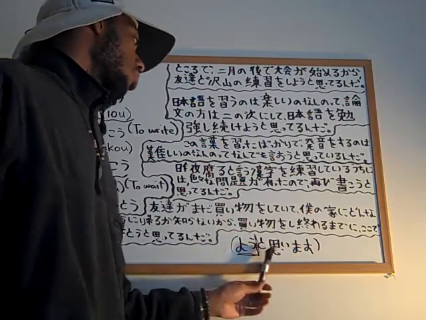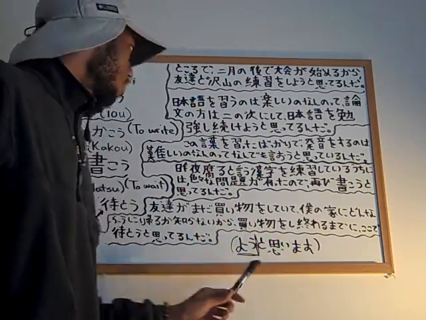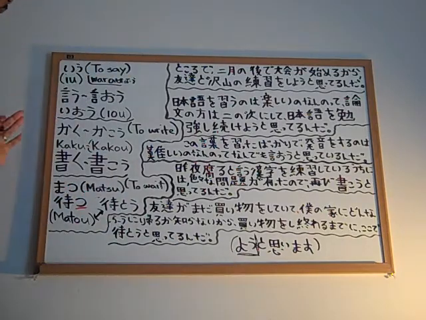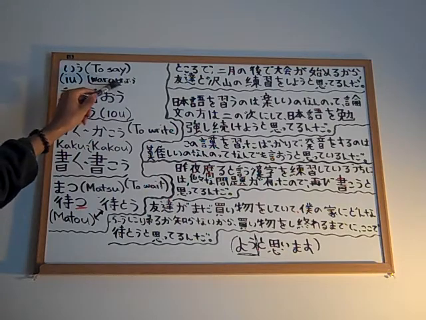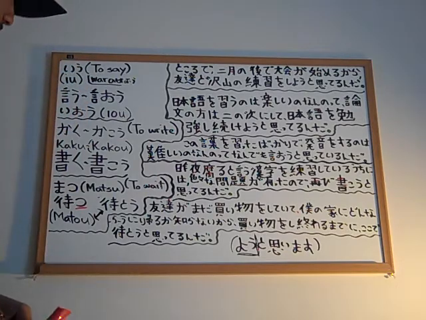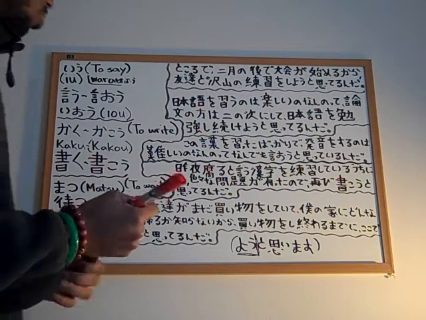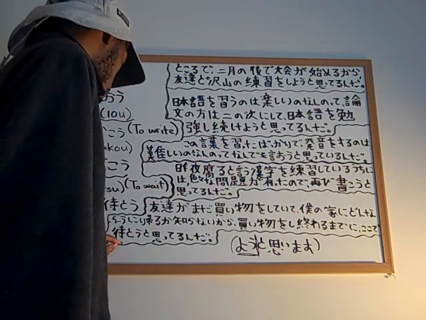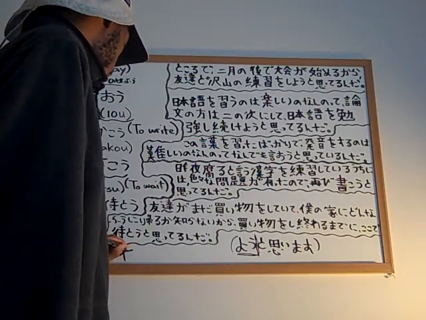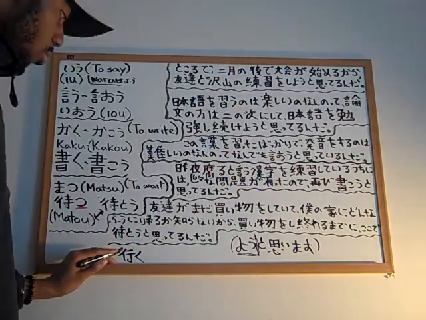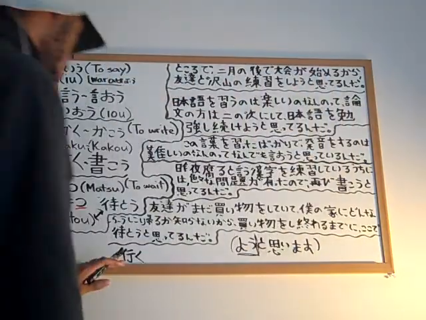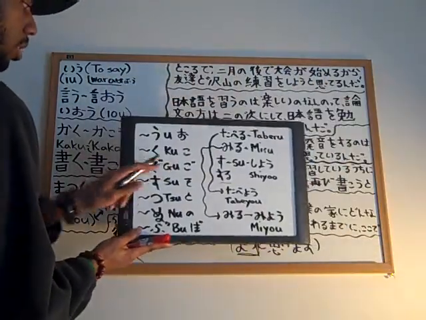If you drop off the tomoimasu and just have yo, let's say, I'll use iku. Let's take iku here, and it ends with a ku. What was our rule? We said if it ends with a ku, it's going to turn into a ko.